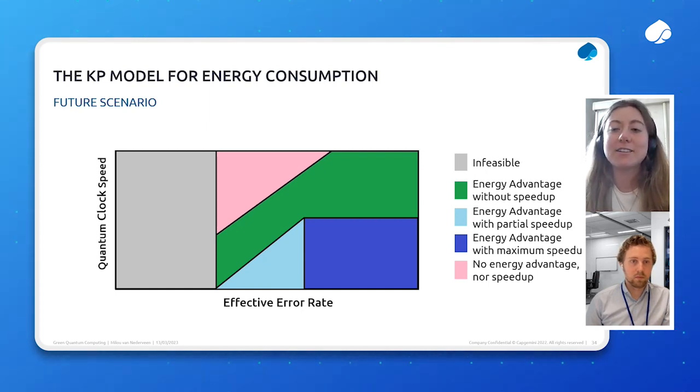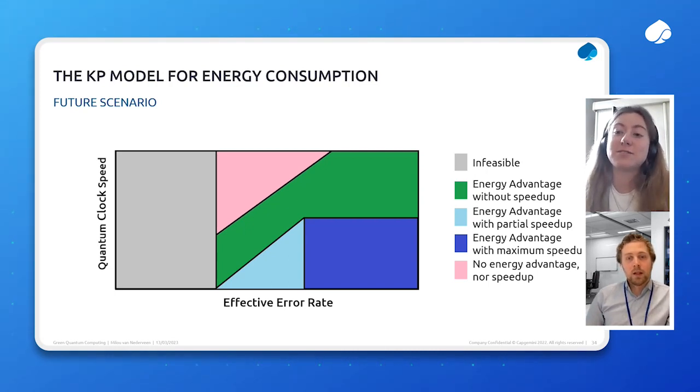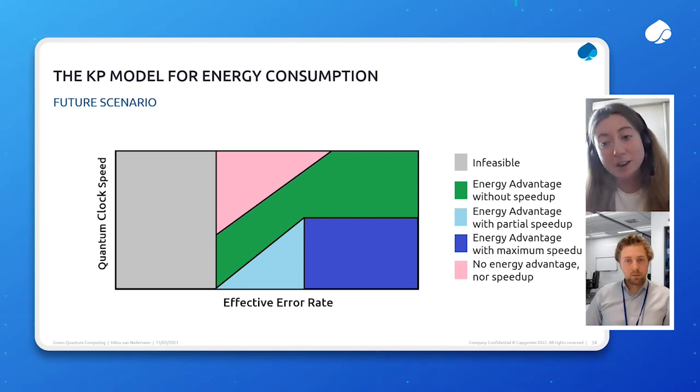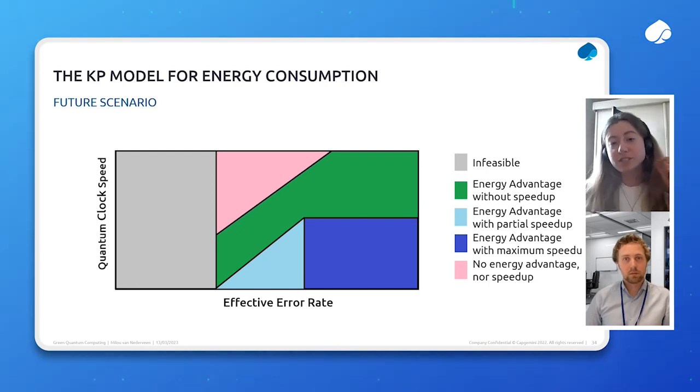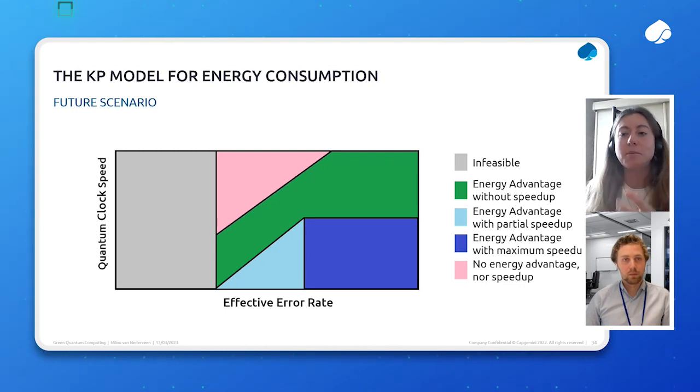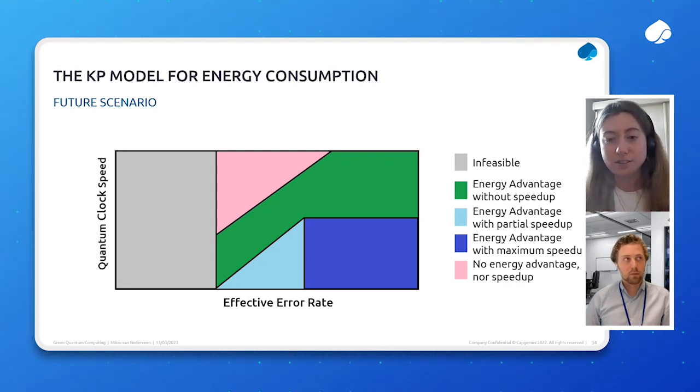And here we similarly expect a region that is infeasible to run the calculations, then a region where there's no energy advantage nor a speed up, then actually a region where there might be an energy advantage without a speed up, a region where there's an energy advantage with a partial speed up again and a maximum speed up. So what's interesting here is that this green region is really a new insight, that we can acquire an energy advantage without a speed up, and also that we can use the KP framework to get a partial speed up and a partial energy advantage.